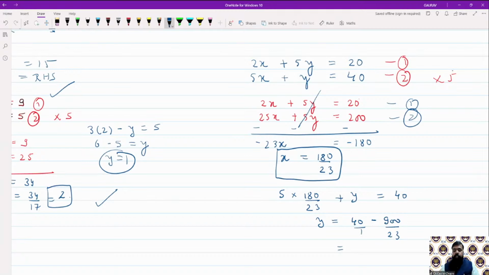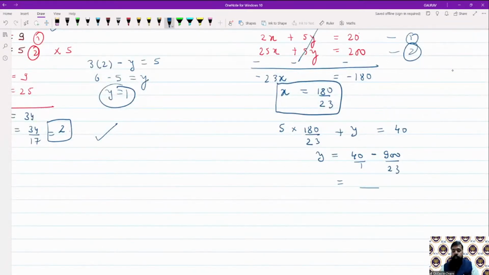Now we can take the LCM and simplify. The LCM is 23. So 23 into 40 is 920. So 920 minus 900, so 20 upon 23 will be the value of y. In this way, we can find out the value of y using the elimination method.